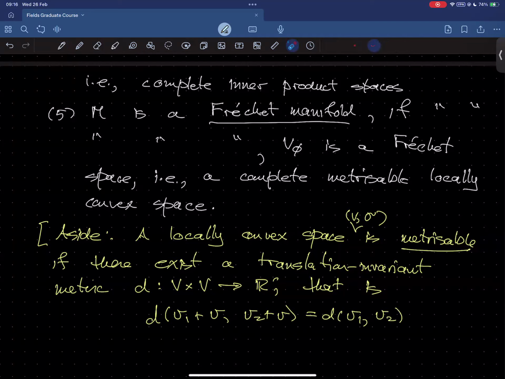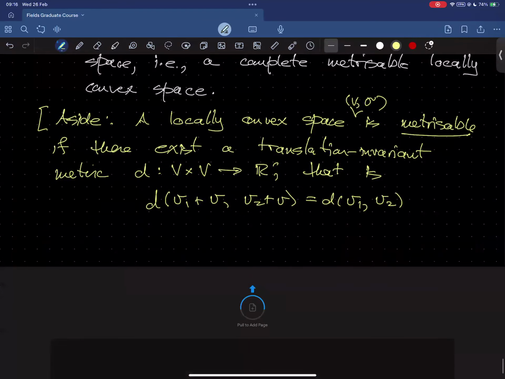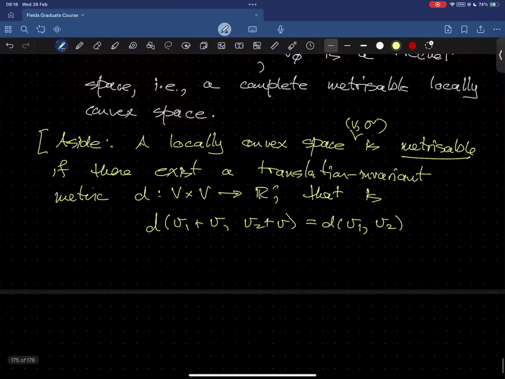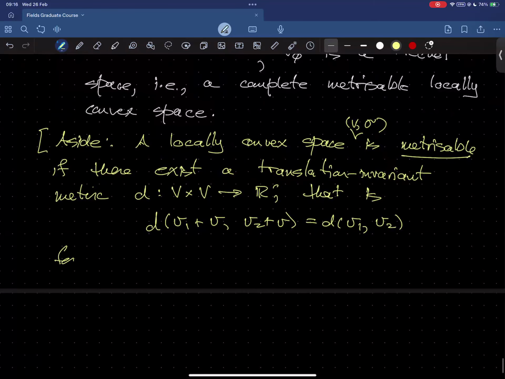So if you translate each of the arguments of the metric, it doesn't change the distance. And this of course is true for every v, v1, v2 in V. So that's what a metrizable locally convex space is.